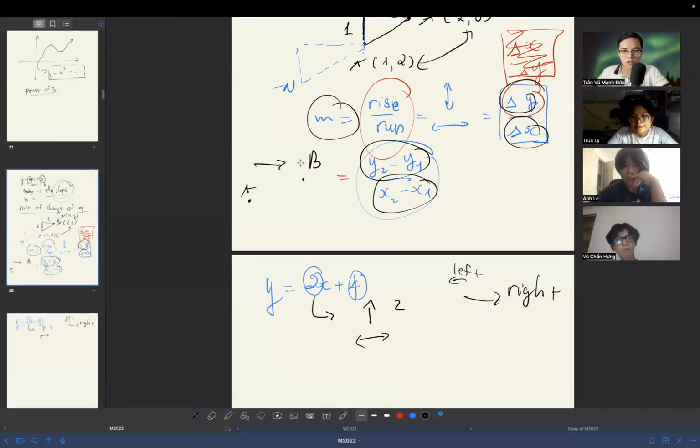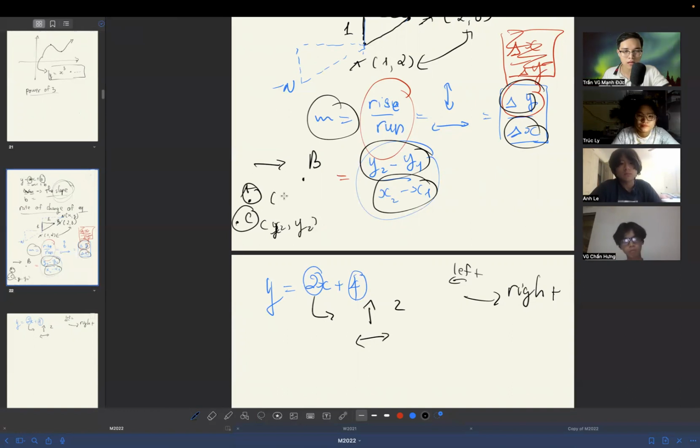But does it always work like that? Let's choose a point on the left. I would say it's C. Because I want to compare C to A, I will use this as x2 and y2, and A is x1 and y1. It still stays the same, right?